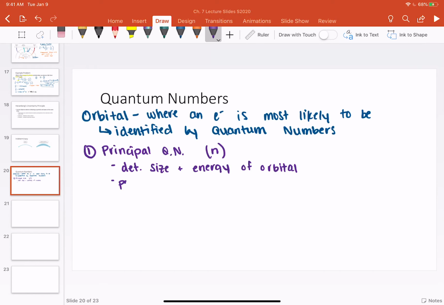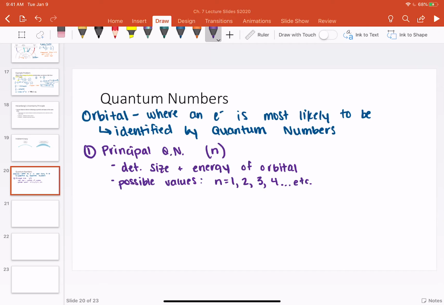It has several possible values. Its possible values are positive integers. So that would be n equals 1, n equals 2, 3, 4, and so on.